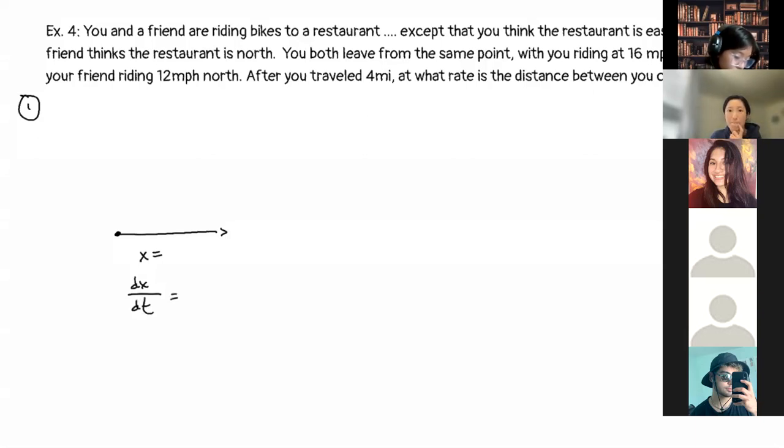Can we fill in either of these values with what we know from the word problem? X equals 4. I love it, because you traveled 4 miles. Do we know our dx dt?